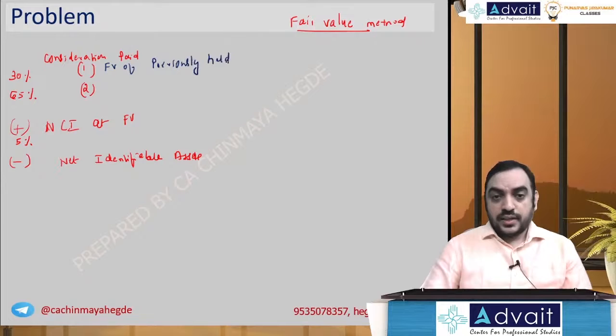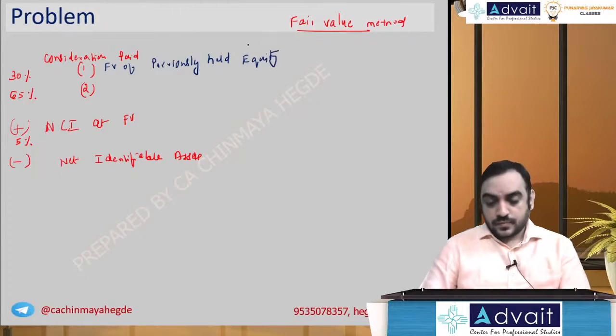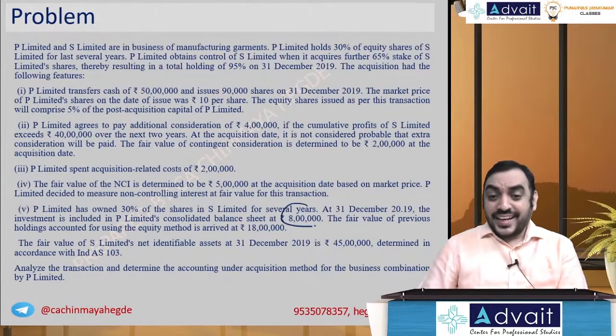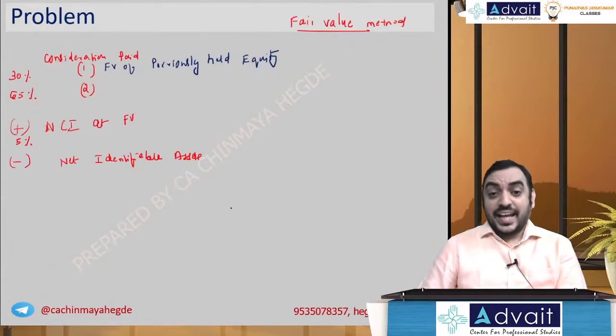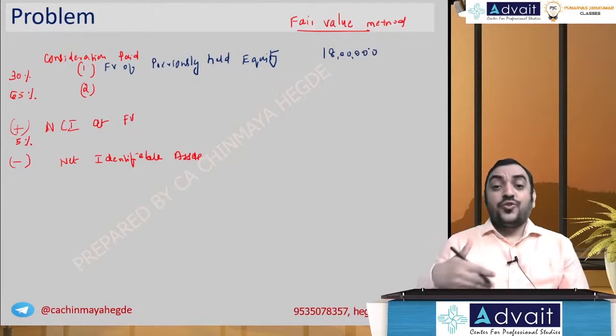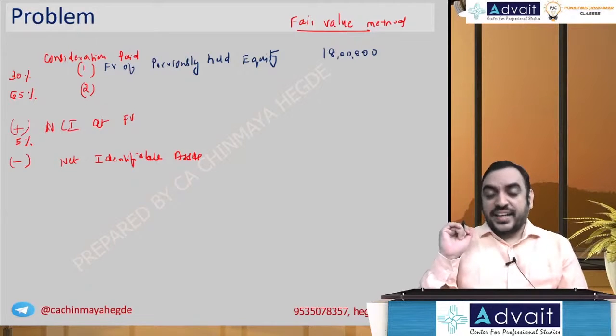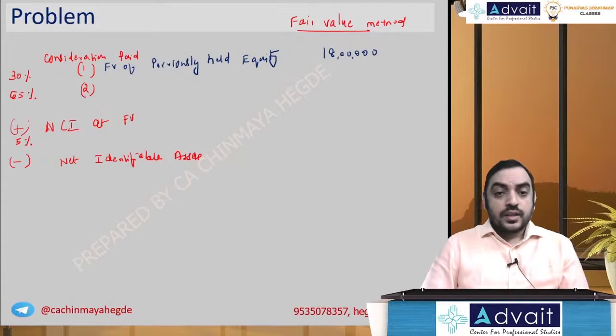Book value is 8 lakh, but fair value is 18 lakh. So, you should take it at 18 lakh. Basically, from 8 lakh to 18 lakh, you have to recognize a profit of 10 lakhs in your income statement. Revaluation of equity interest.